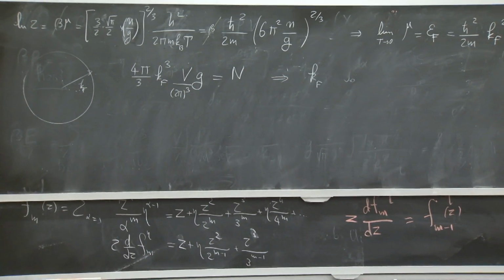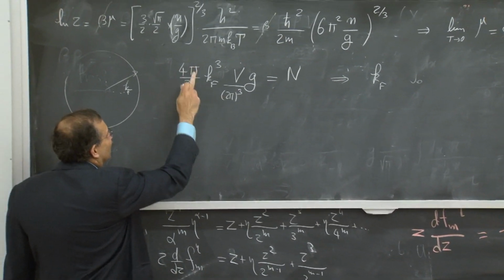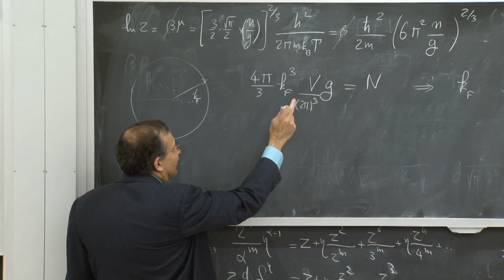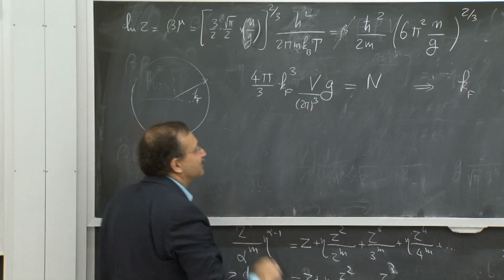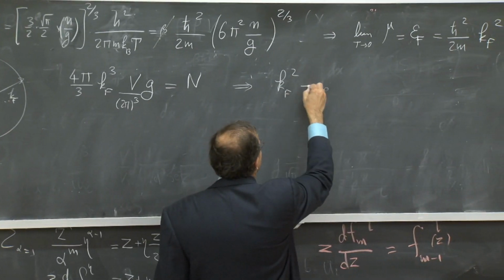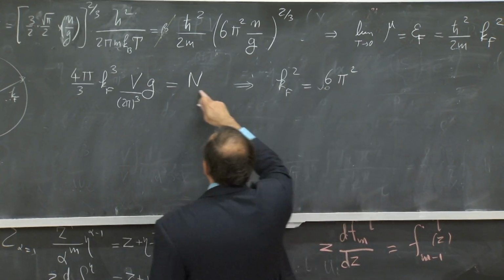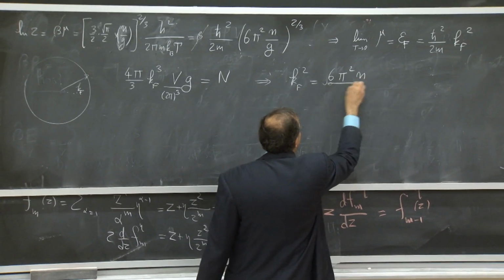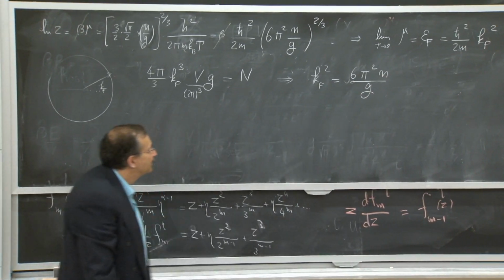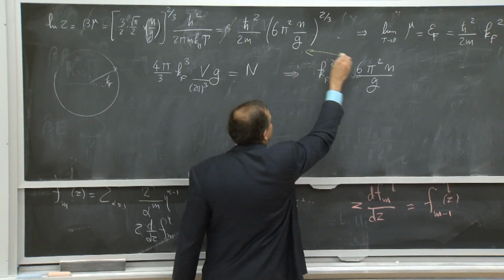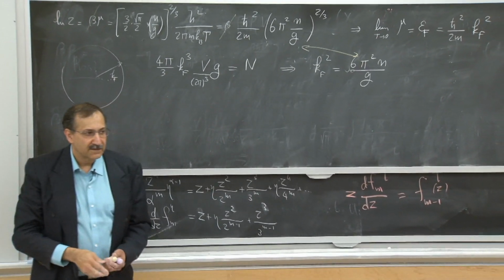Okay. So when you divide 4 pi by 8 pi cubed, you will have 2 pi squared times 3, which will give you 6 pi squared. N over v is the density divided by g. So you can see that we get the right result.